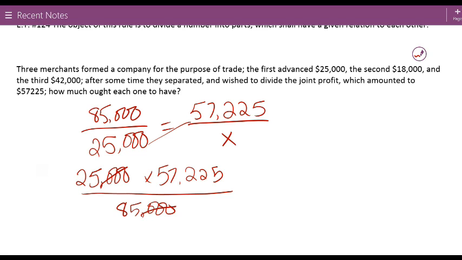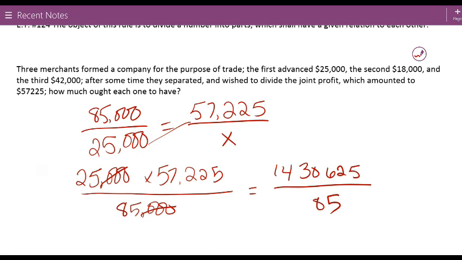Alright, so we find that 25 times 57,225 is going to give us 1,430,625, and then we're going to divide that by 85.